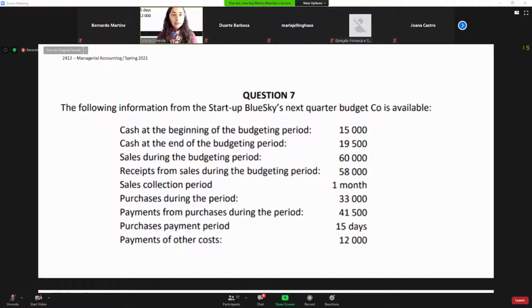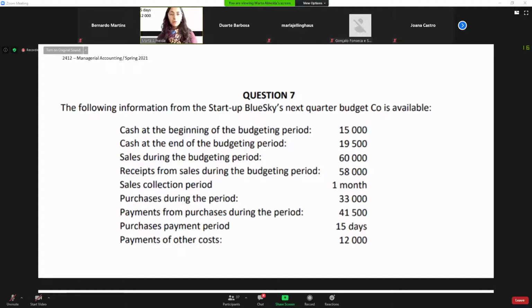Or what should be there? The value of the receivables from last period and 2 months of the sales of this period. And then the remaining month, so the last month of the quarter, should be receivables at the end of the period.